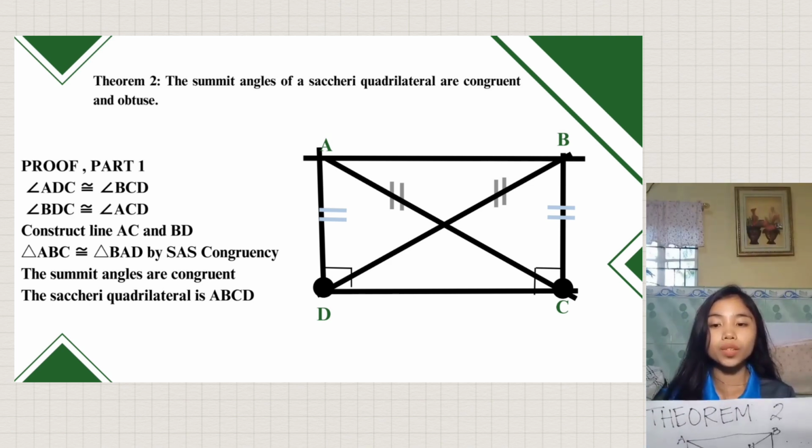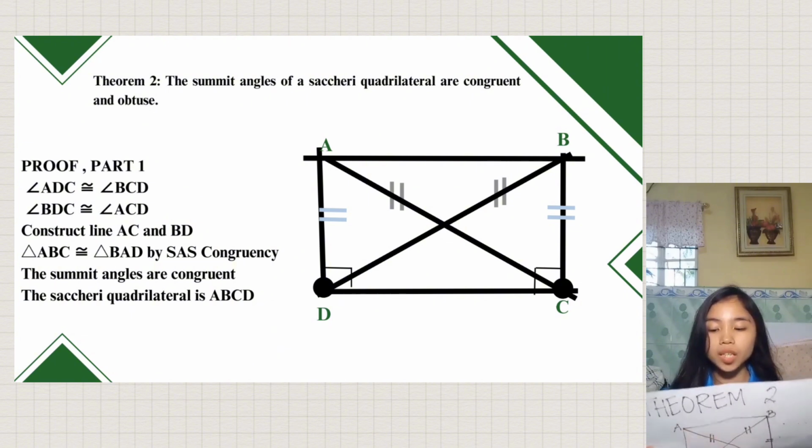So we know that in this theorem, the summit angles are congruent. As we can see in the illustration, we have a congruence. So the Saccheri quadrilateral is ABCD, right? This is a quadrilateral since it has 4 sides.